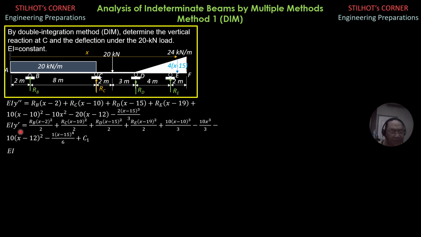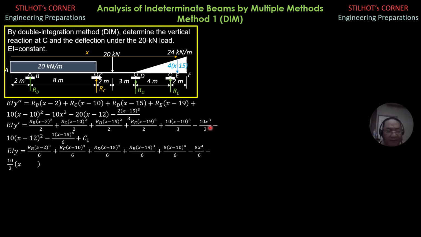EI y equals R_B (x minus 2) cubed over 6 plus R_C (x minus 10) cubed over 6 plus R_D (x minus 15) cubed over 6 plus R_E (x minus 19) cubed over 6 plus 5/6 of (x minus 10) to the fourth minus 5/6 x to the fourth, then minus 10/3 (x minus 12) cubed, then minus 1 times (x minus 15) to the fifth over 30, plus C_1 x plus C_2.